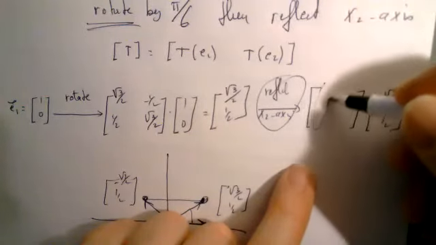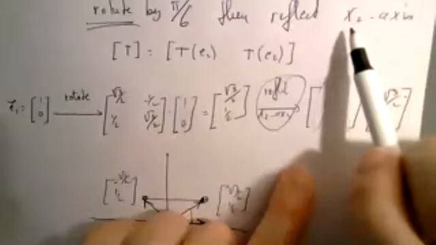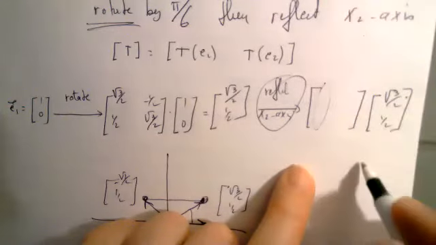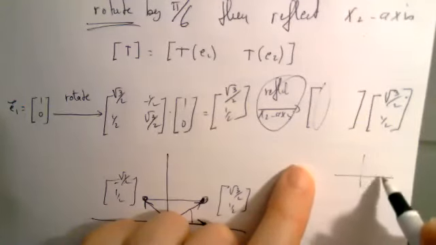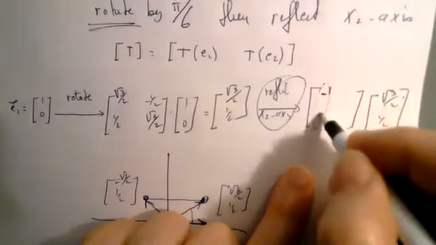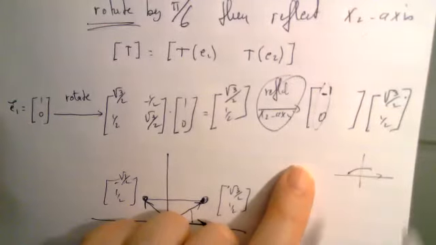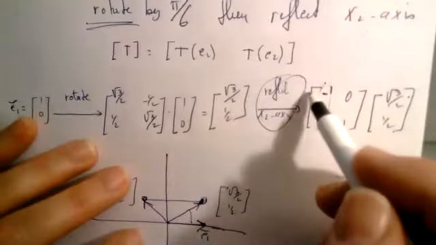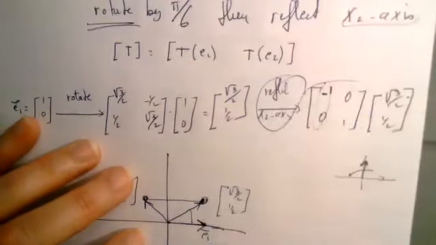Always, the first column is what the reflection does to the E1 vector. So the reflection across the x2 axis is going to send E1 right there, and E2 the reflection will keep exactly where it is. So this is the reflection across the x2 axis.